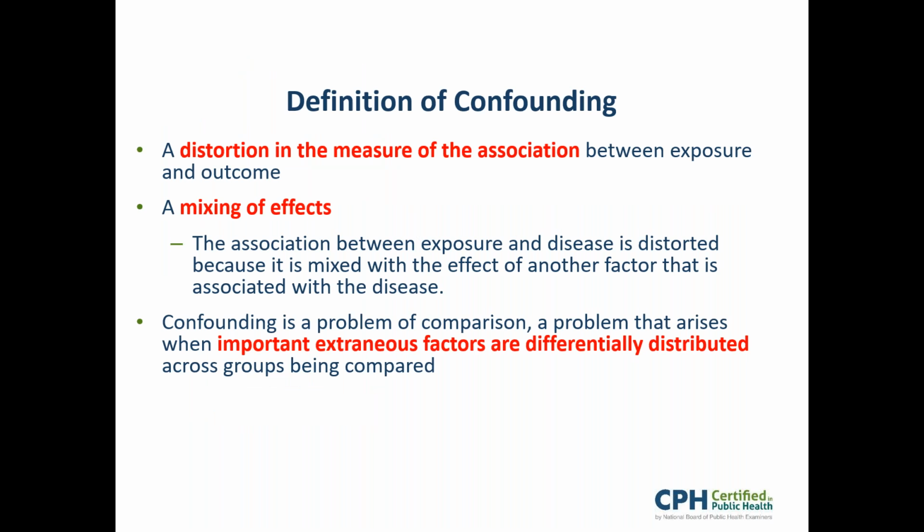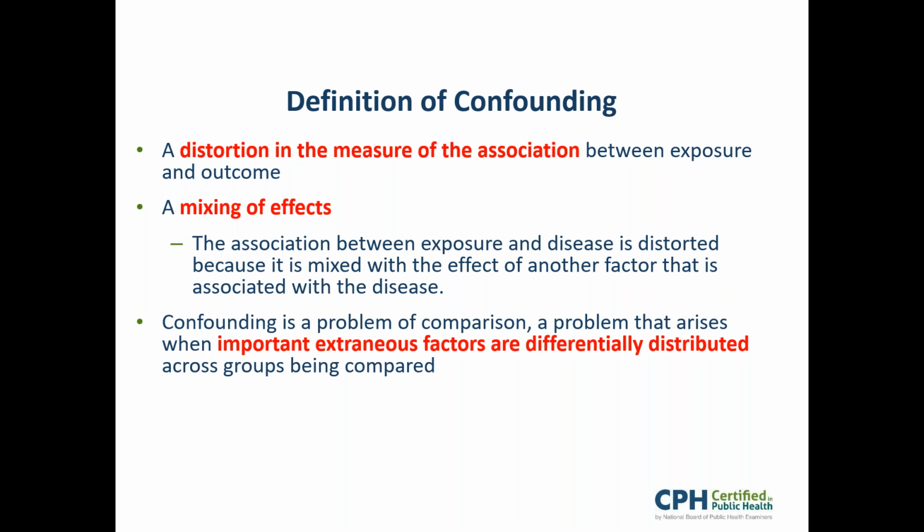Confounding. So confounding is a distortion in the measure of the association between the exposure and outcome. It's a mixing of effects because the association between the exposure and disease is distorted because it's mixed with the effect of another factor that is associated with the disease or outcome.